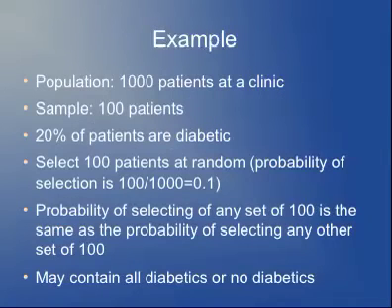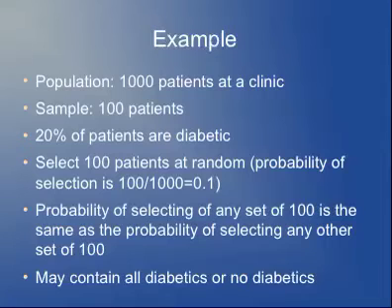So, a simple example of this: say that there are 1,000 patients at your clinic, 20% of them are diabetic, and you want to select 100 patients. So you just choose 100 patients at random. The probability of selecting any one person is 100 out of 1,000, or 0.1. And the probability of selecting any given set of 100 people is the same as the probability of selecting any other set.